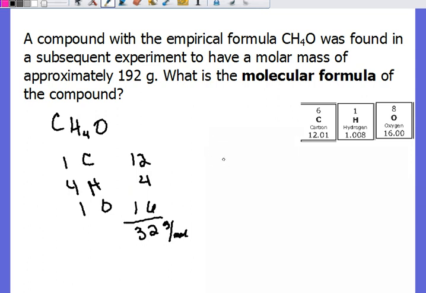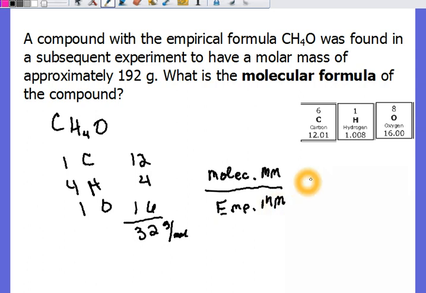And then you take your molecular formula's molar mass, which is 192. You're going to do the same procedure as the previous problem, where you put your molecular formula's molar mass over your empirical formula's molar mass. So you get 192 divided by 32, and when you do that division, you'll see you get 6.